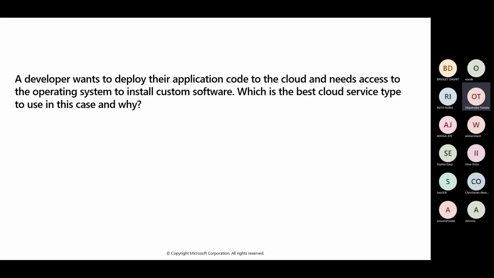Who wants to try? Ruth. IaaS. Why do you say IaaS? Ruth, you said IaaS, but I need to be sure that you know why you said IaaS. Okay, I was about saying IaaS, but someone else.